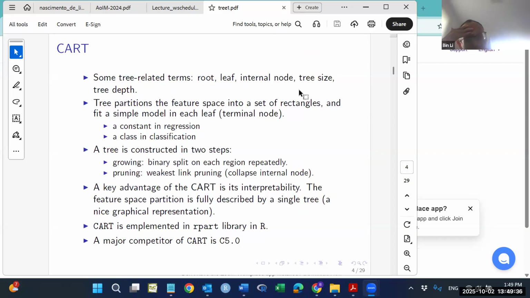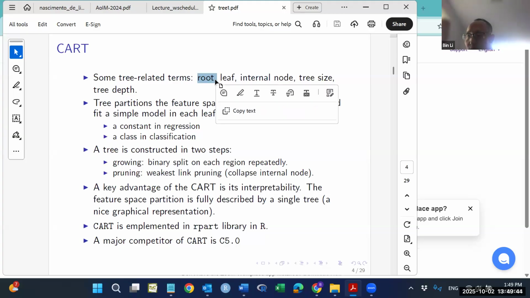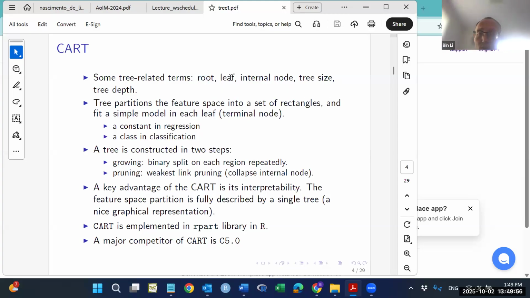So there are some tree-related terms. Root, we've already explained. Root is the point without any split. So the root is the starting point of a tree, at the top of the tree in the tree diagrams. Then the leaf is the terminal node. At the leaf, we stop.